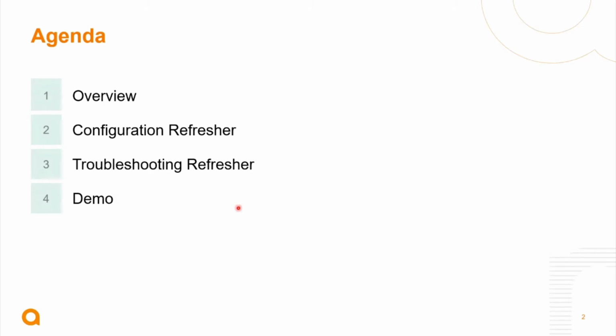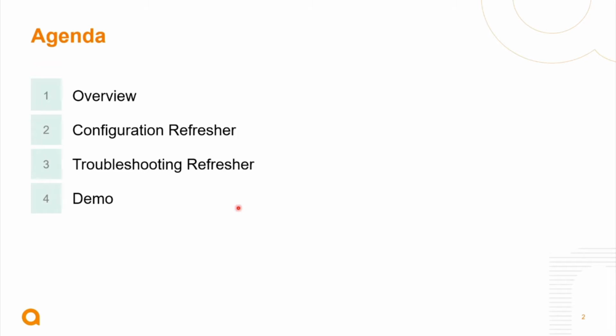So anyway, we're going to do a refresher around what the configuration is for using the relay function on CX. Then I'll go into a bit of troubleshooting. Again, that's a refresher as well. What commands are available. And then finally, I'll be doing a bit of a demo and hopefully it keeps a bit of interest going there really.